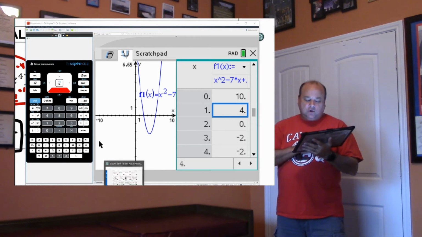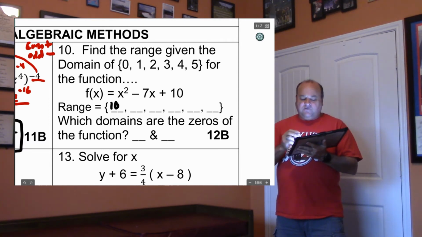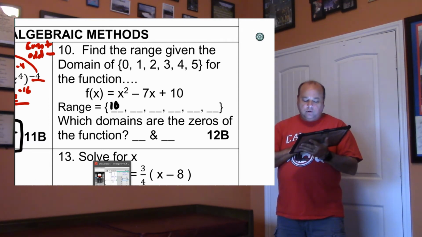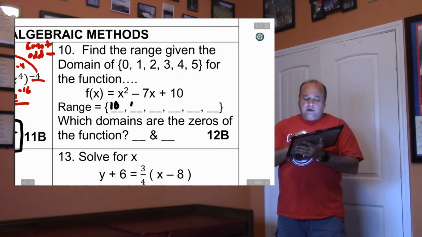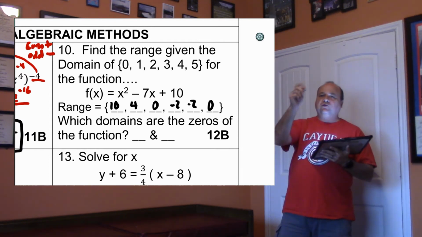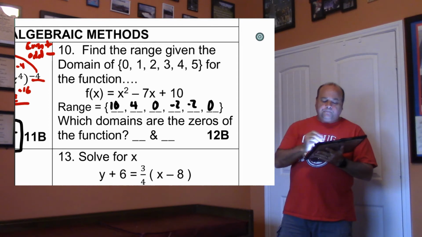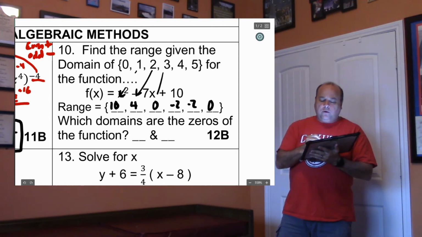Okay, so let's go back to here. If I put in 0, I get 10. If I put in 2, what was 2? 2 was 4, then 0, then negative 2, and 0 again, right? You'll learn that these are going to be symmetrical here, okay?